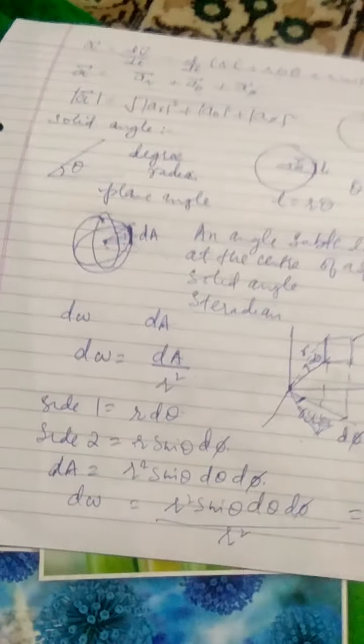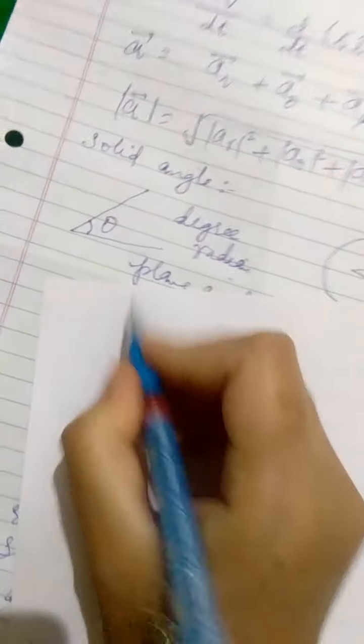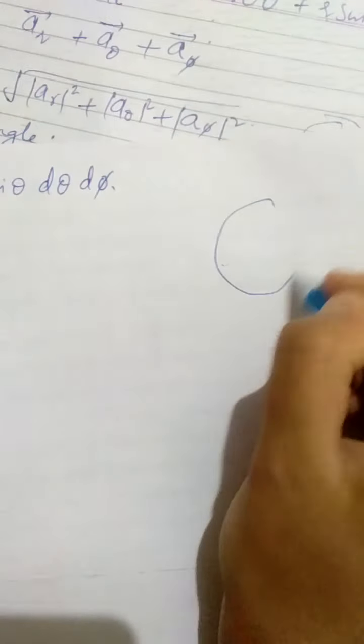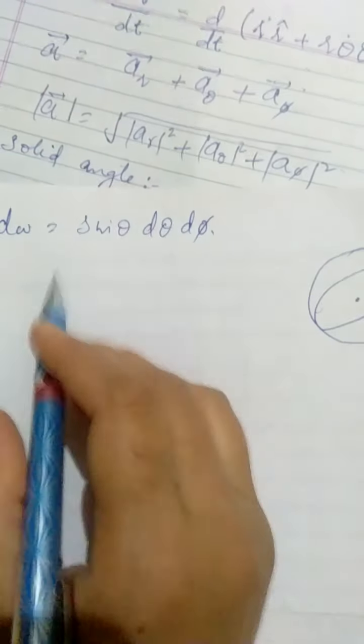Right? Now we need to find what is the total angle. So you have found d omega. It is sine theta d theta d phi. Now if you intend to find the total angle subtended at the center by the entire area of the sphere, you can obtain that by integrating this expression.